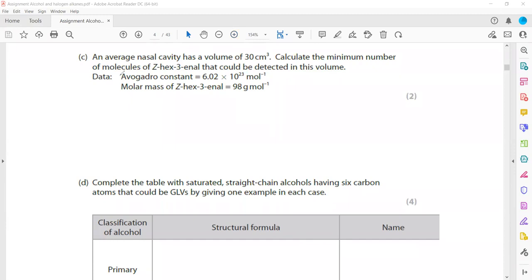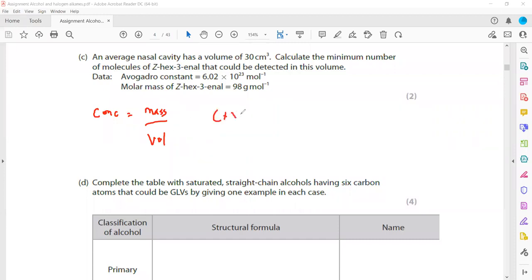So the concentration was given in gram per dm cube, so this concentration is actually mass divided by volume. Concentration can be mass by volume, or moles by volume as well, or it can simply be a ratio between mass and volume.